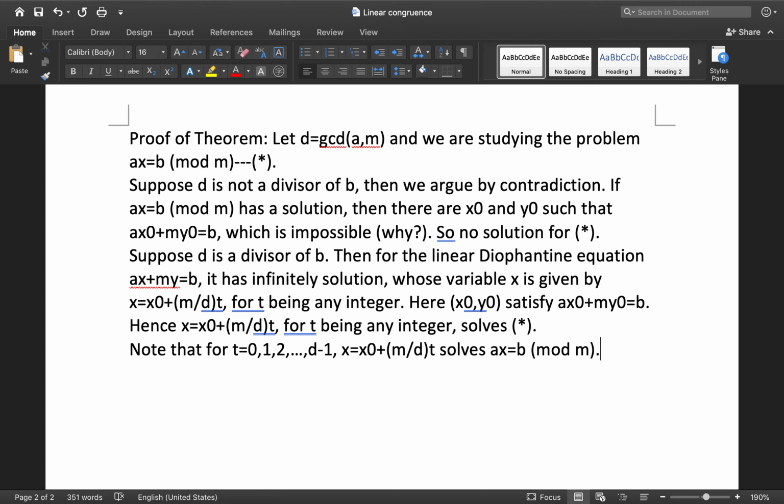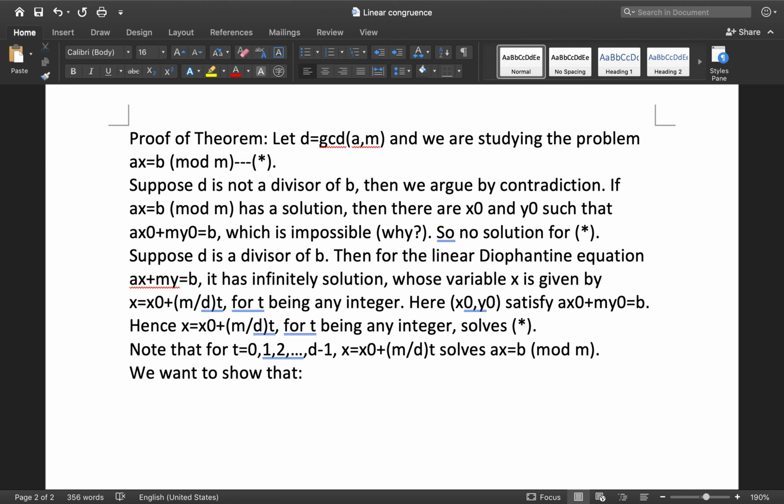But now I want to show this. We want to show that, in fact, those values t equals 0, 1, 2, up to d minus 1, if you substitute them back into the solution, are the only incongruent solutions to the problem.